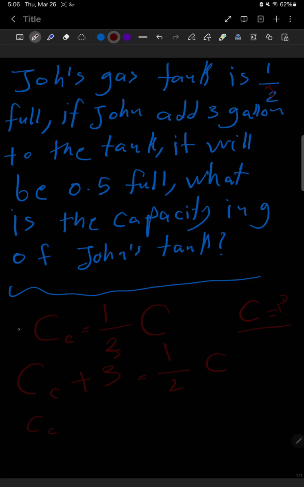So I'm going to subtract C from this, minus C. This term we also have -3 equals 1/3 of C minus half of C. Those cancel together, then we'll be left over with C equals 18 gallons. This is a very easy example that you could see a lot.